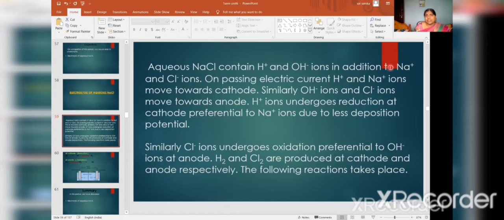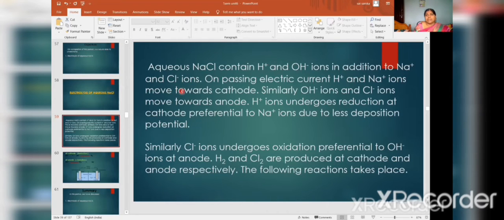Whereas in fused NaCl, just Na plus and Cl minus ions are present, in aqueous solution, where water is present, H plus and OH minus ions are also present. So two cations and two anions are present.